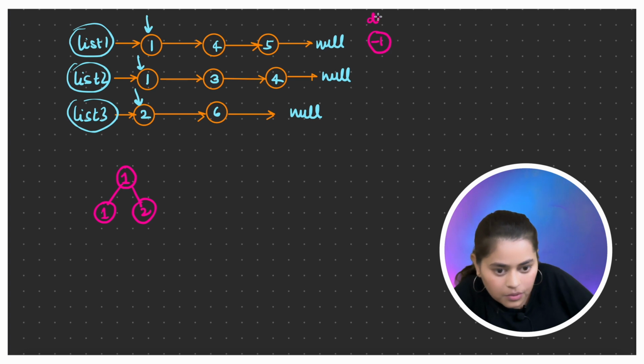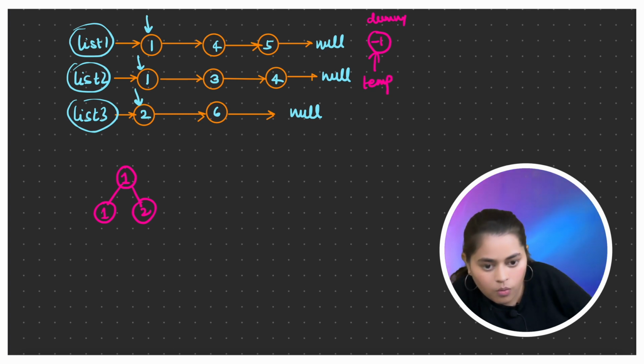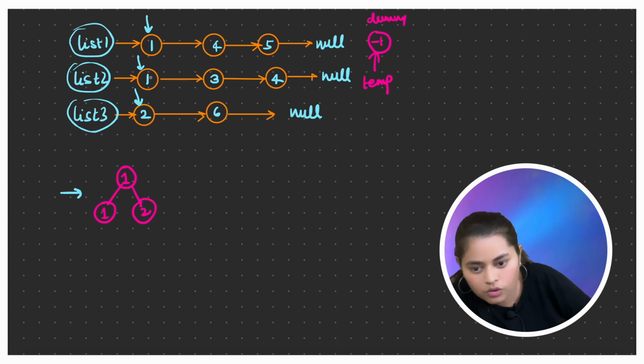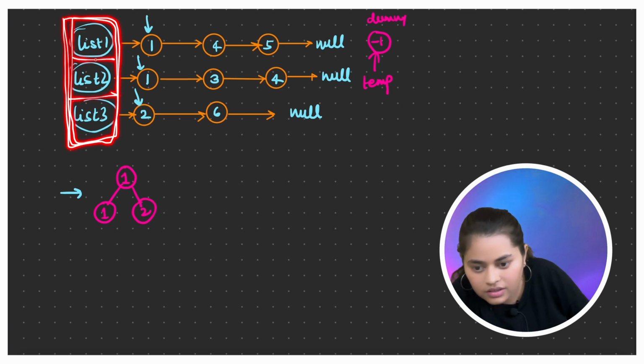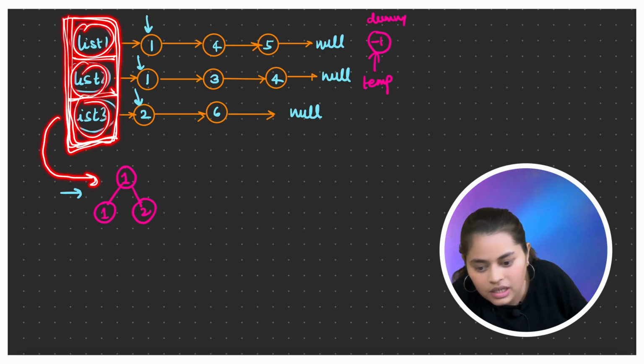Let's say it's a dummy node, right? And this dummy node has one variable which is temp, right? So now at this point the min heap is like this. Basically we'll traverse this array, which holds the address of our first nodes, and we'll create a min heap based on the content of these addresses, right?